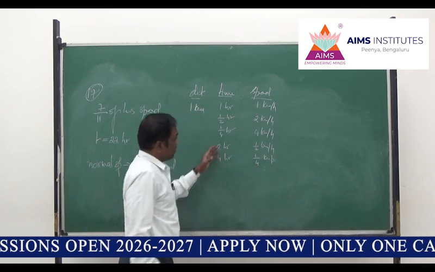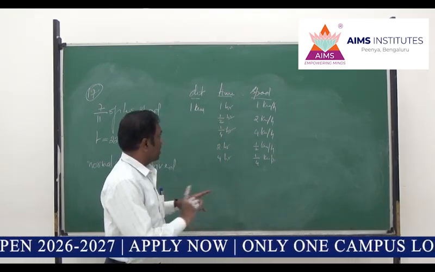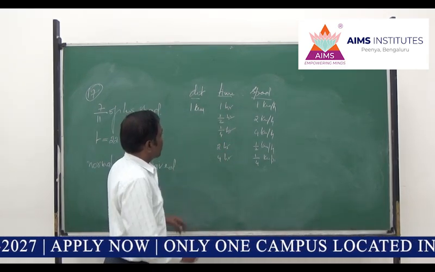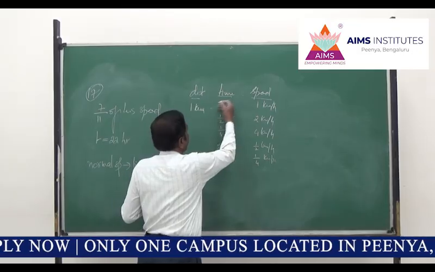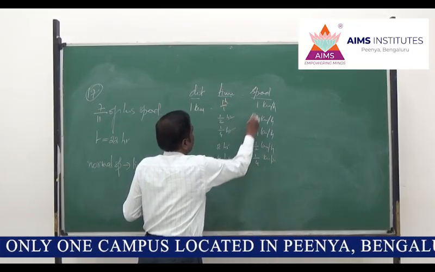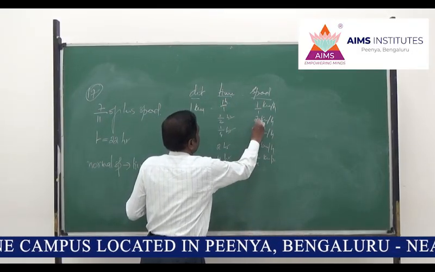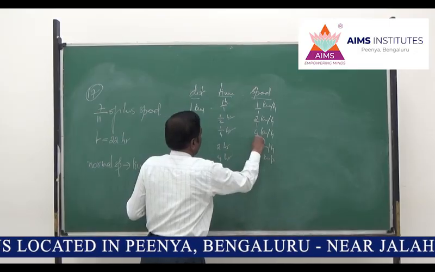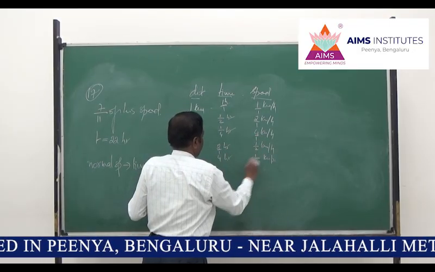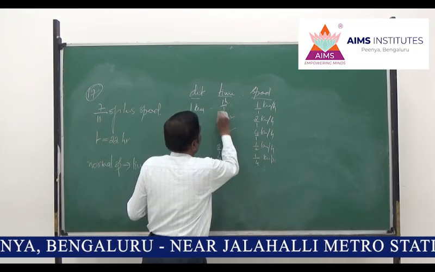So higher the time, lesser the speed. It is interrelated. Now, let us consider everything into the fraction. 1 by 1, 2 by 1, 4 by 1. Now, what do you see here?